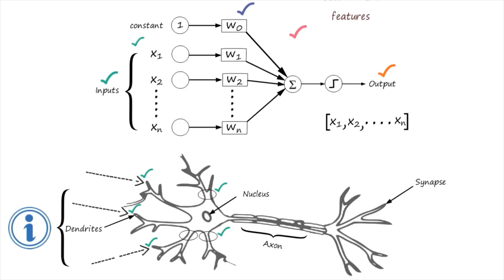Now here we also have to create a similar kind of activity, where some inputs will have greater weightage, meaning they hold greater information, and some features hold less important information. So the width of the dendrite is responsible for controlling that factor, and here the weight factor is actually doing the same thing.